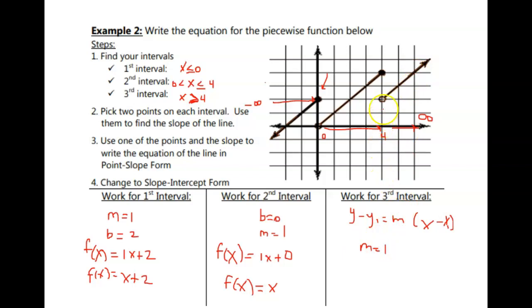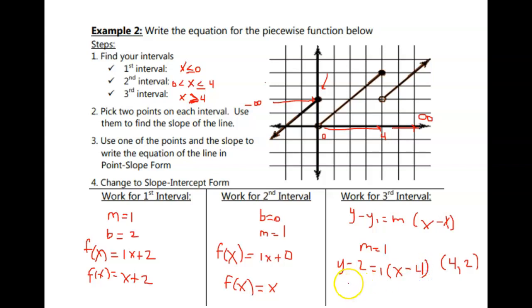And then I'll just use a point. The point that I'm going to use is the boundary point, 4, and it looks like it's at 4, 2. So I'm going to use the point 4, 2 and plug that in to find the equation of this line. So I would have y minus 2 is equal to 1 times x minus 4.